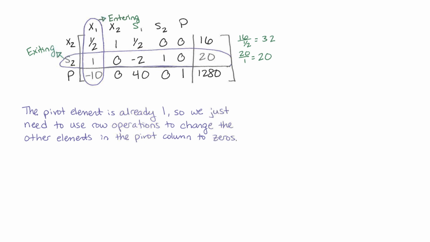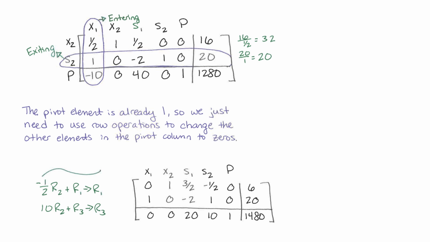So we perform our pivot row operations. So we have -1/2 R2 plus R1 to replace R1. 10 R2 plus R3 will replace R3. So our new matrix has row 1, 0, 1, 3/2, -1/2, 0, 6.